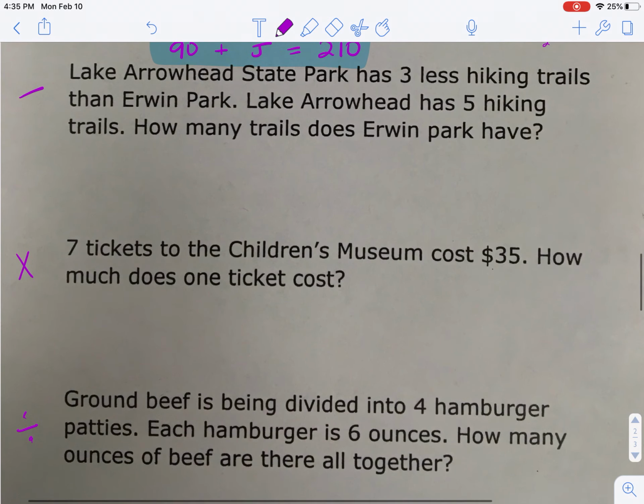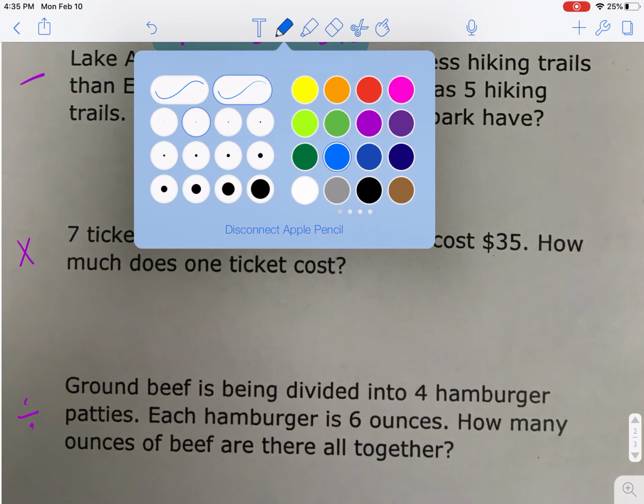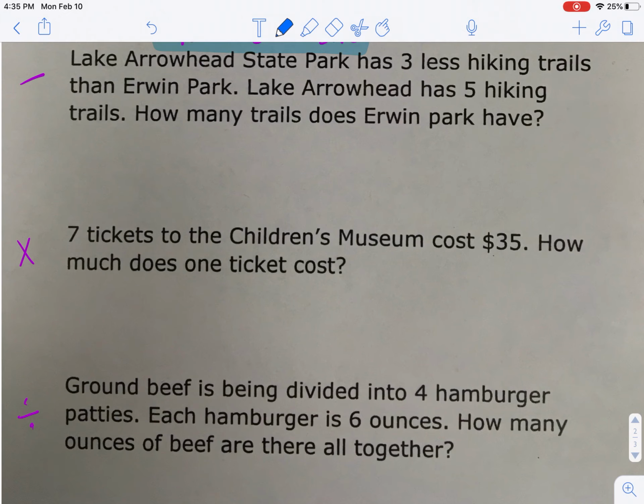For this next one, let's change colors. Lake Arrowhead State Park has 3 fewer hiking trails than Irwin. 3 less than Irwin. So we have Irwin minus 3 equals Arrowhead. Arrowhead has 5 hiking trails.